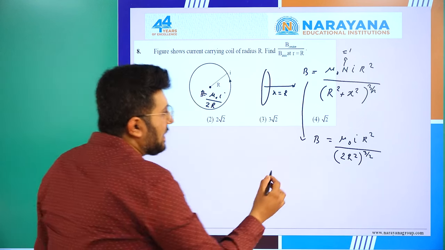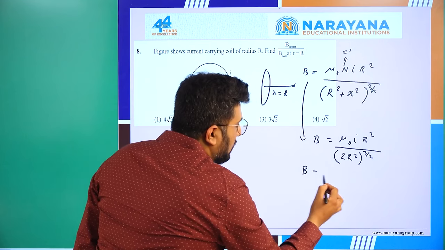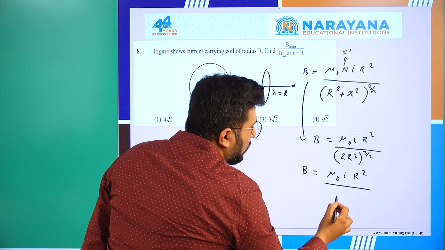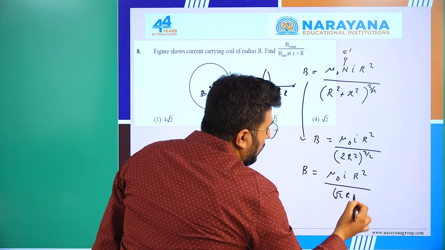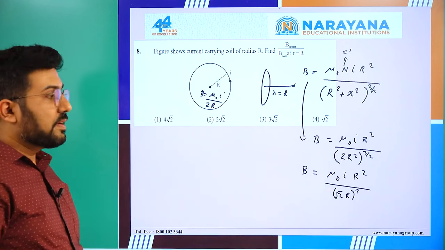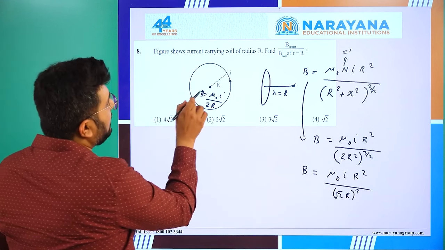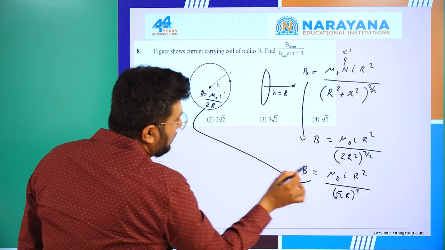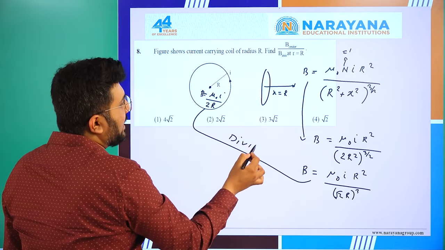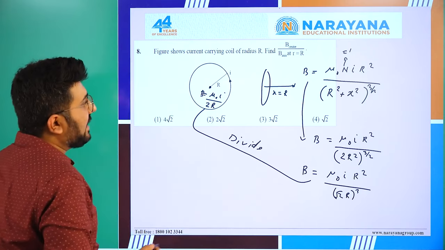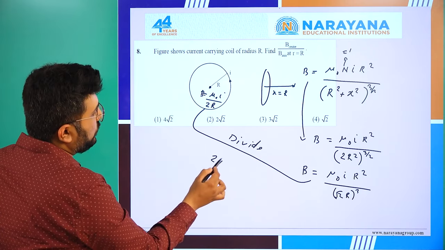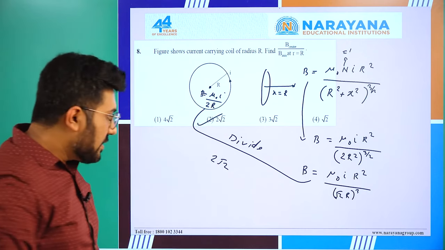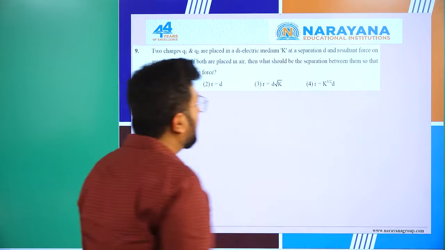So basically I will get B equals mu naught I r square by root 2r whole cube. Okay, and here the magnetic field is mu naught I by 2r. So if I divide this, I'll get 2 root 2. So this will be the answer. Fine. Okay, let's go to the next question.